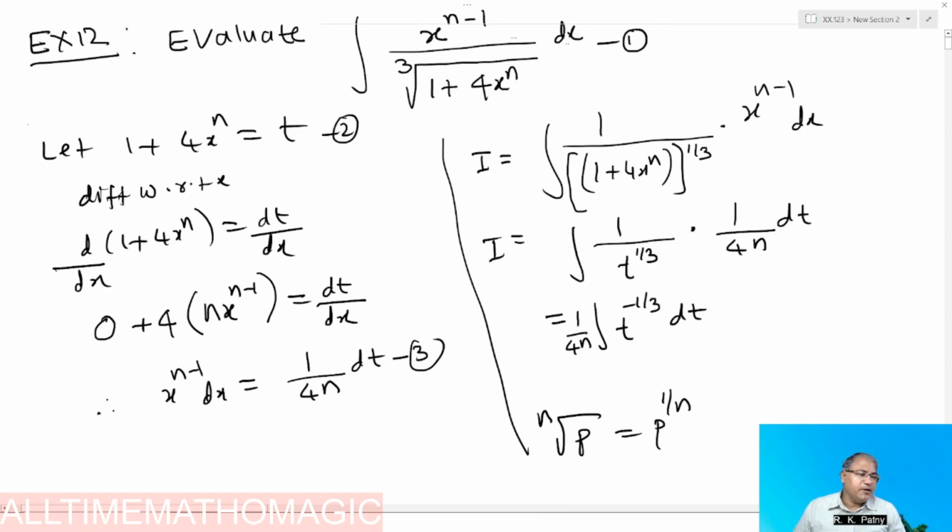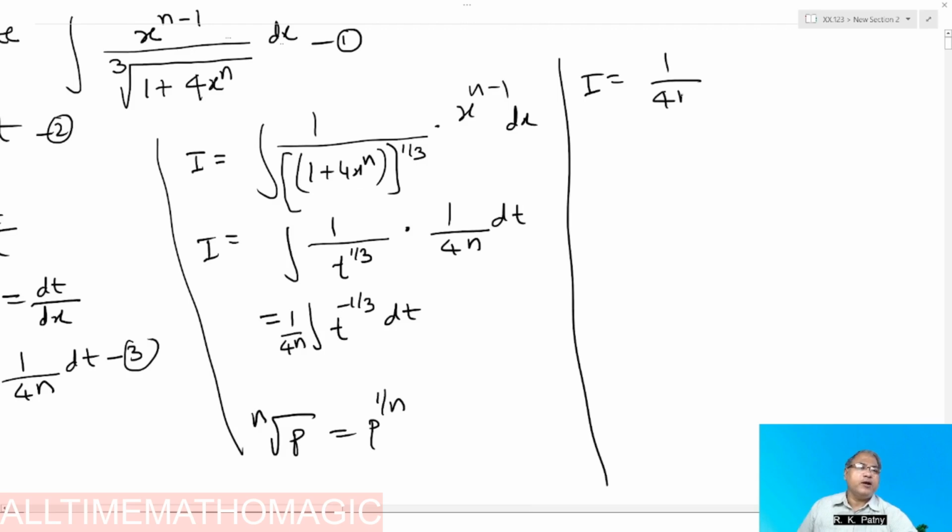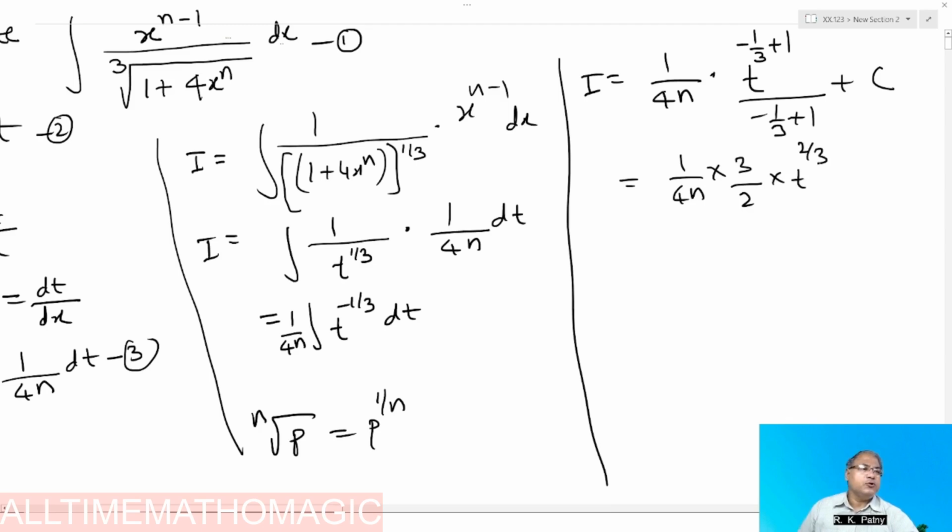After that, I equals 1 upon 4n as it is, integration of t raised to minus 1 by 3 is nothing but t raised to minus 1 by 3 plus 1 upon minus 1 by 3 plus 1, plus c. Now only the simplification is left: 1 upon 4n, 3 upon 2 into t raised to 2 by 3.